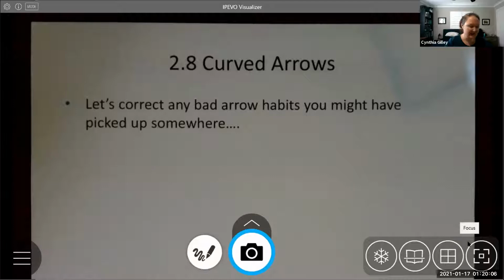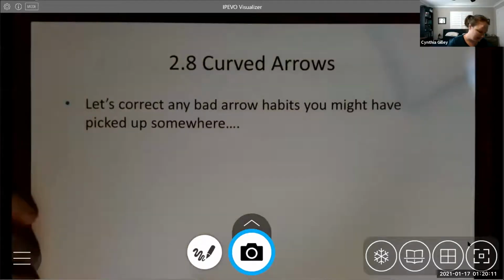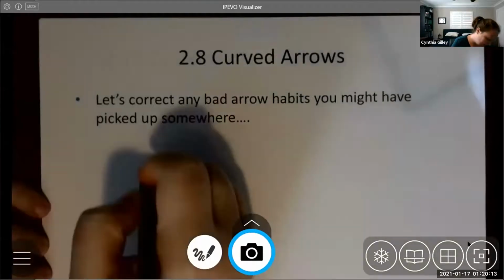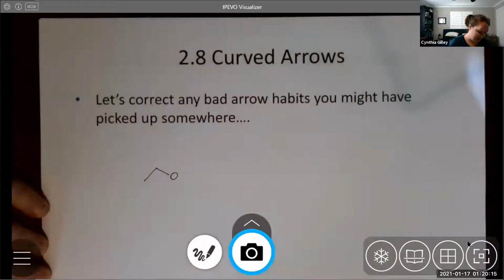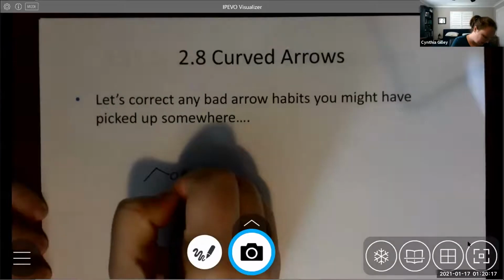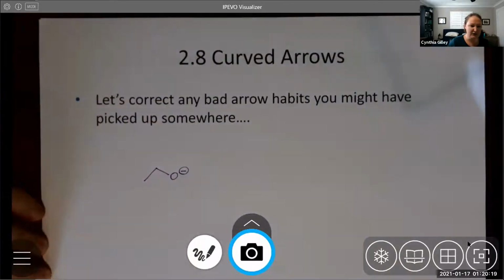One of the things that bothers me the most, and I see the most commonly, is when people, for example, draw something like this with a negative charge, and then they want to show the oxygen attacking something. Maybe for example, an SN2 reaction.